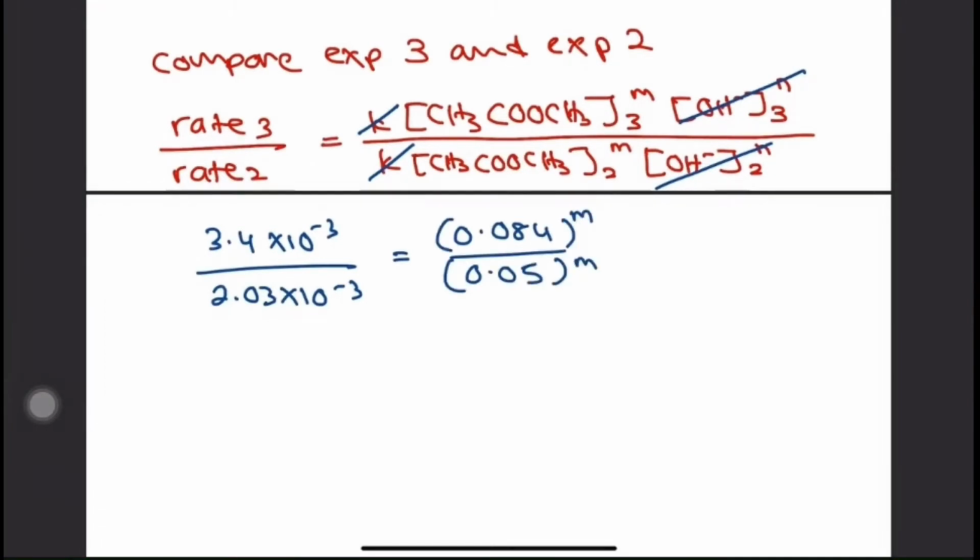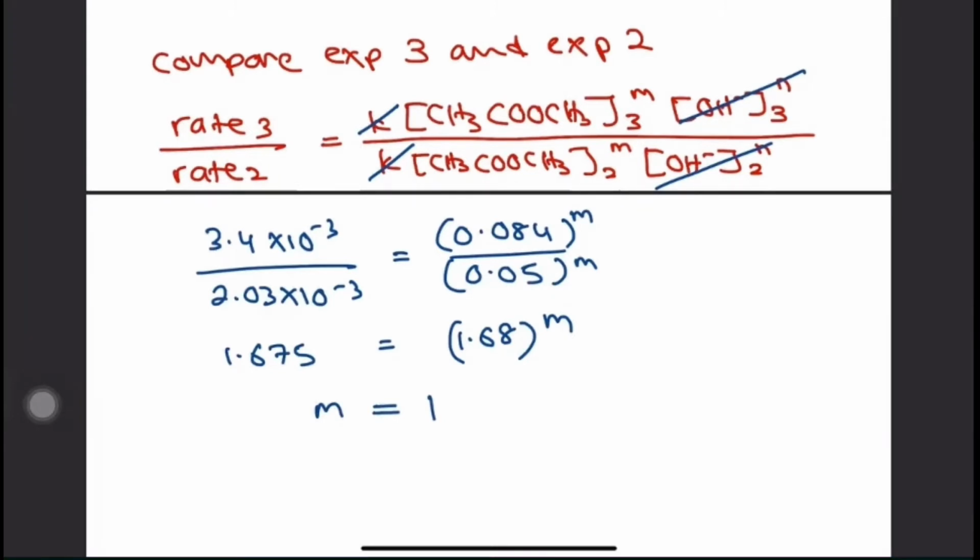Answers, please. 1.675. What about here, Tanish? 1.68, madam. 1.67? 1.68, madam. 1.68. Okay. So here also we can see that n is equivalent to 1. Right?